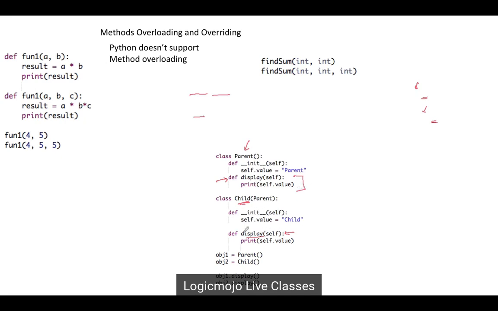But in the case of the child, it already has this method, so that's why it will override this method. And now it has this particular method that is present in the child only. And now when the child calls the display method, it will actually call the display method that is present in the child but not in the parent, because it's already overridden. So this is the concept of method overriding.